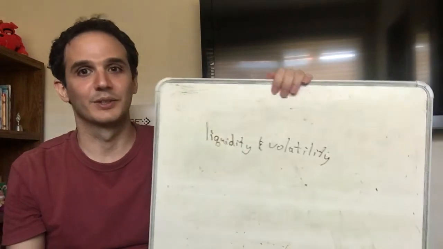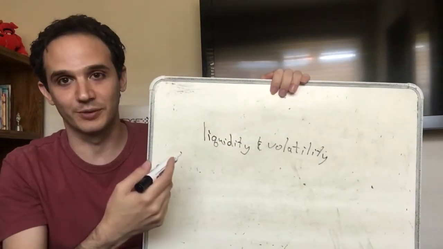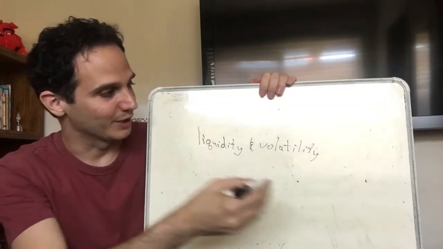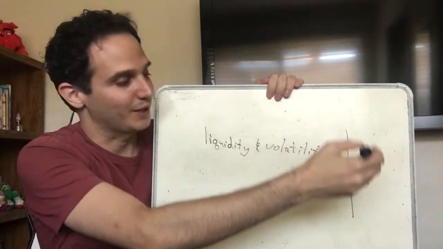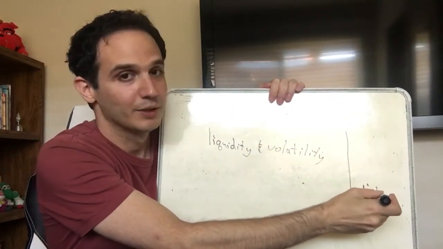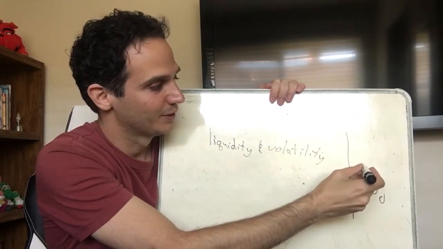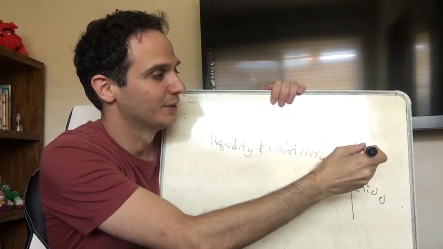Now on the chart, if you remember in previous videos, when I draw a candlestick chart, you'll see on this axis you'll have some prices like $100, 110, and 120.